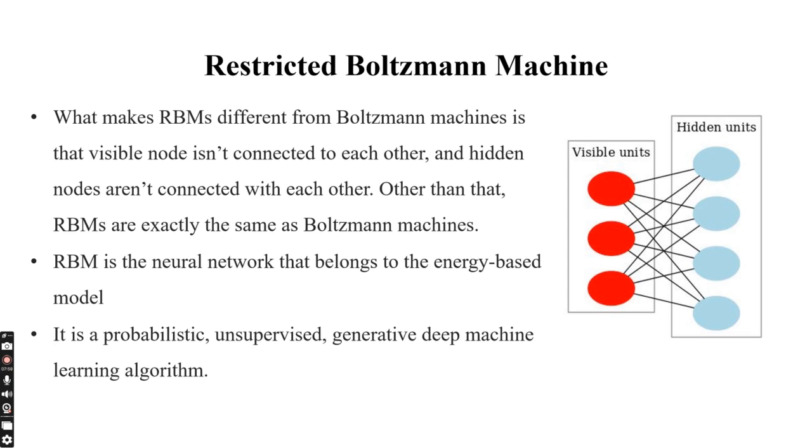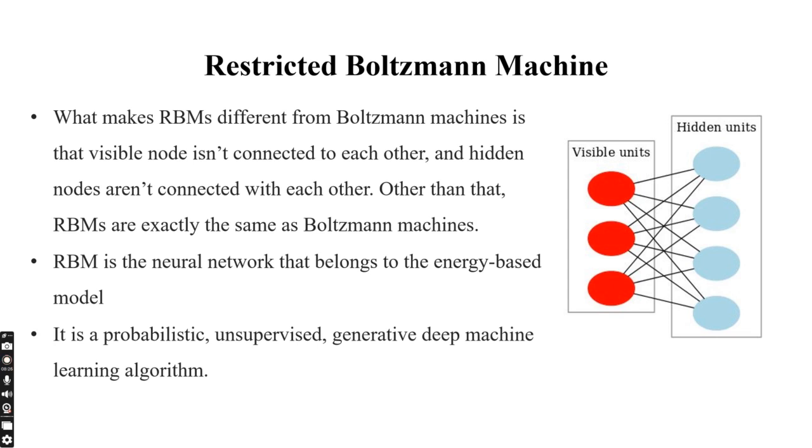The only difference is that in the Boltzmann machine, all the nodes are interconnected, even the adjacent nodes. Here, only the two layers are connected. Visible units are connected with the hidden units. Or either way, you can say all the hidden nodes are connected to visible nodes. There is no connection between the visible nodes, and no connection between the hidden nodes, unlike a Boltzmann machine.